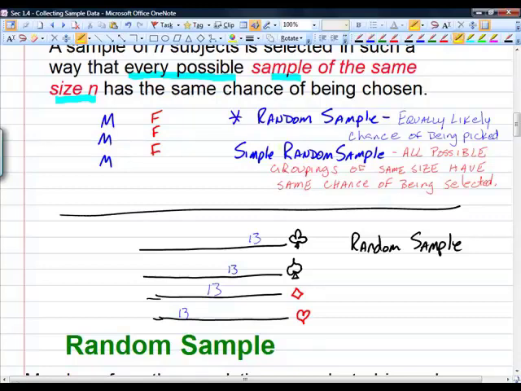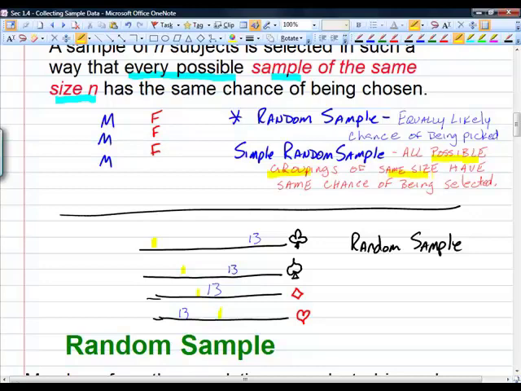But I couldn't have somebody from this row and this row and this row and this row all be selected. Does that make sense? Because they're sitting on different rows. So not every group of size 13 has the same chance. In a simple random sample, all possible groupings of the same size, in this case 13, have to have the same chance of being selected.